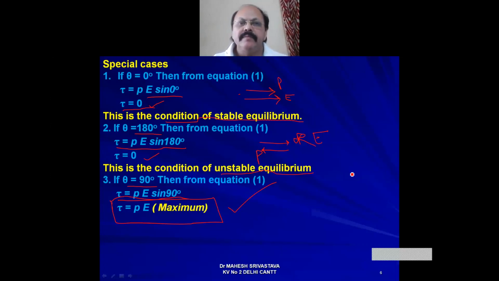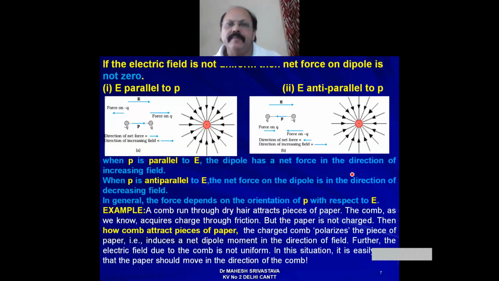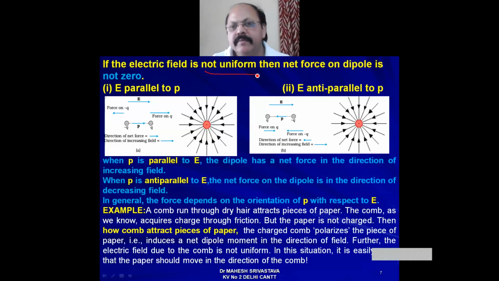Now we take a special case. You are calculating the torque when the electric dipole is placed in a uniform electric field. If the electric field is not uniform, then what happens?